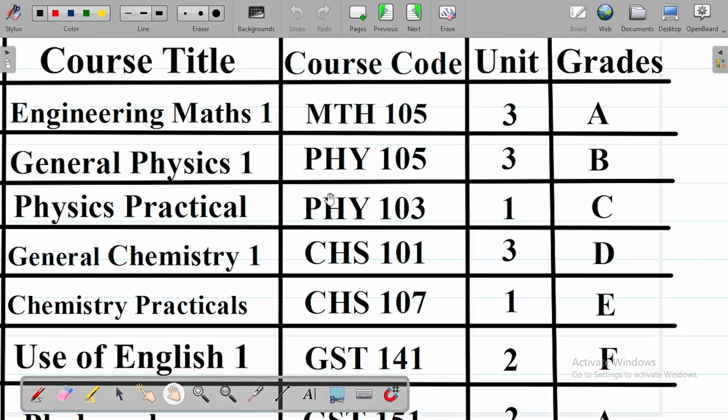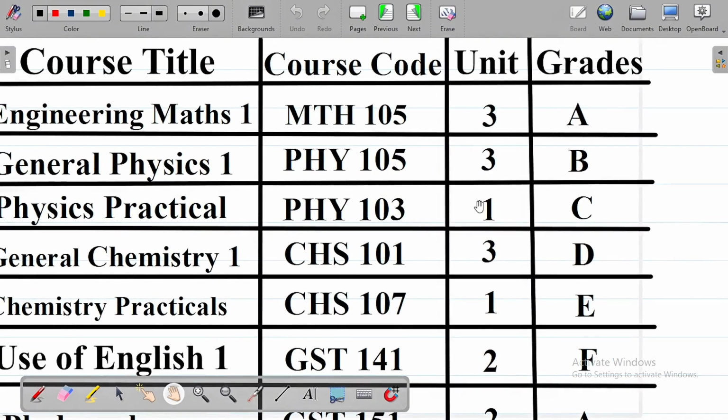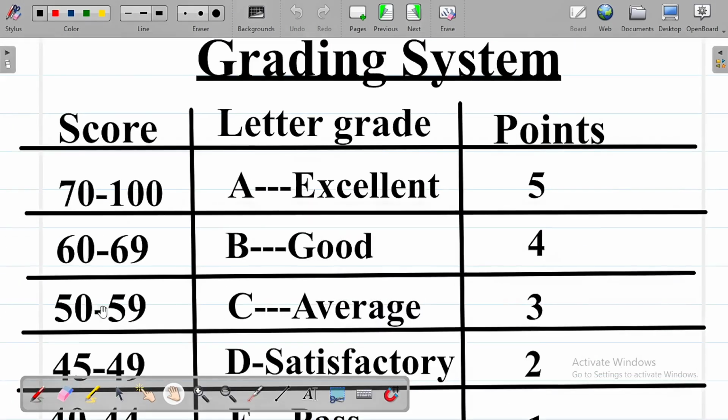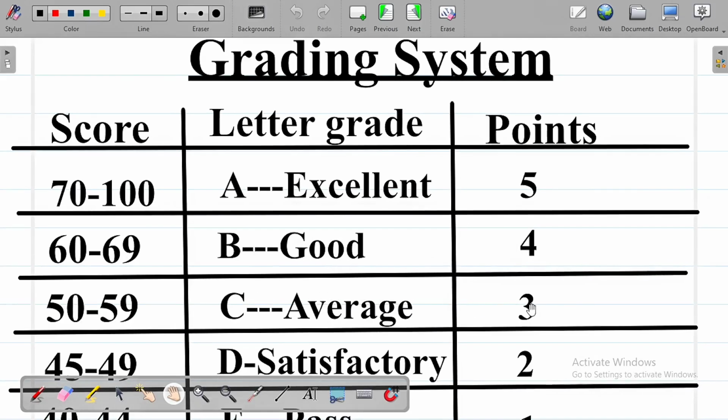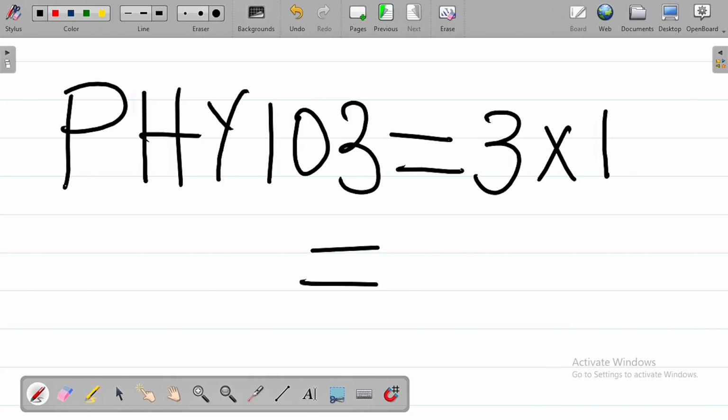It is a 1-unit course and the student has C in Physics Practical. 50 to 59 marks is C, and C is 3 points. So we have 3 multiplied by 1, and the grade point for Physics 103 becomes 3.